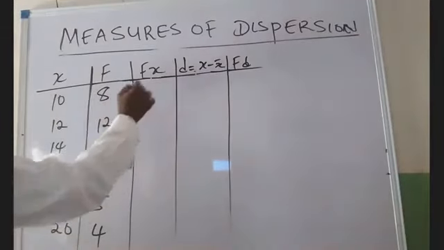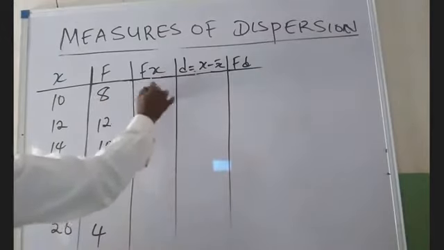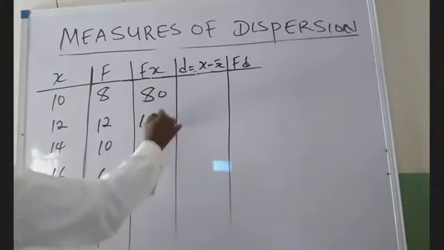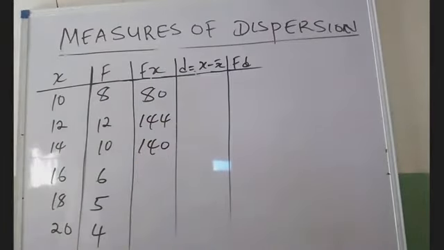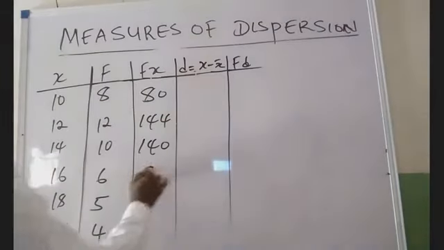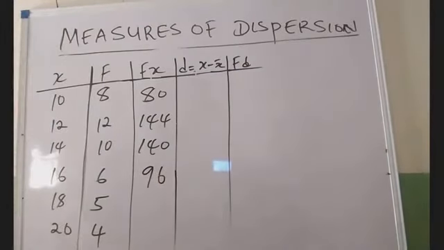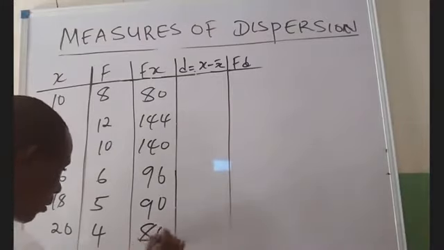So what do we have here? 10 times 8 is 80. Here is 144. Here is 140. 16 times 6 is 96. 5 times 18 is 90. Then you have 20 times 4 is 80.